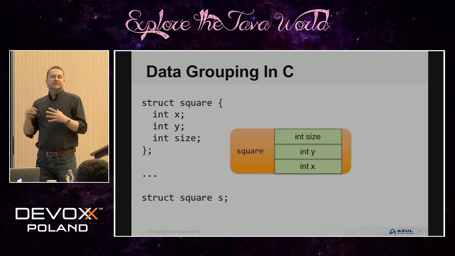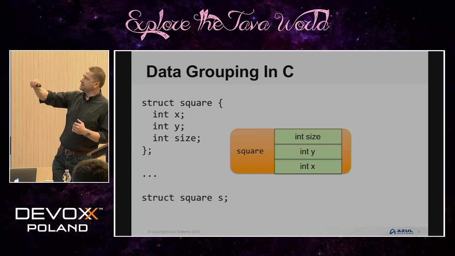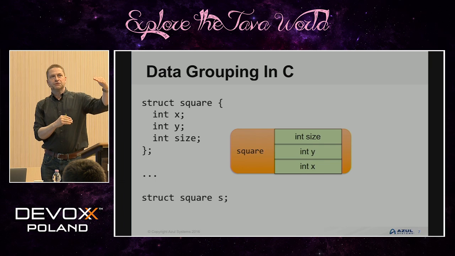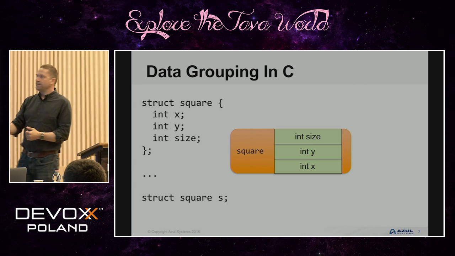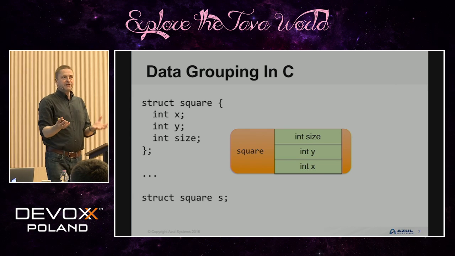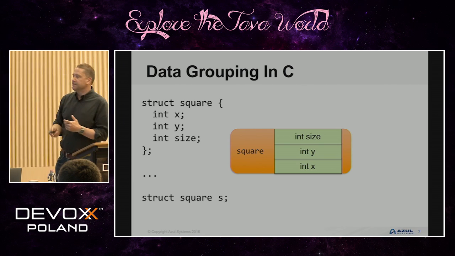If we look at that struct in terms of its layout within memory, what we're going to see is this. We're going to have, on our stack, 3 integer values, all one on top of the other, all next to each other, contiguous in memory. Int x, int y, int size. And as a struct, we essentially treat those 3 integers as a single thing.